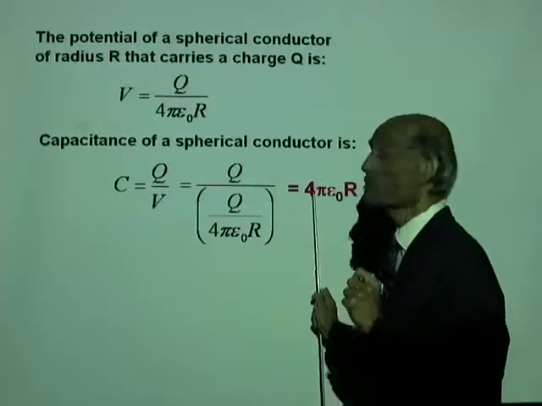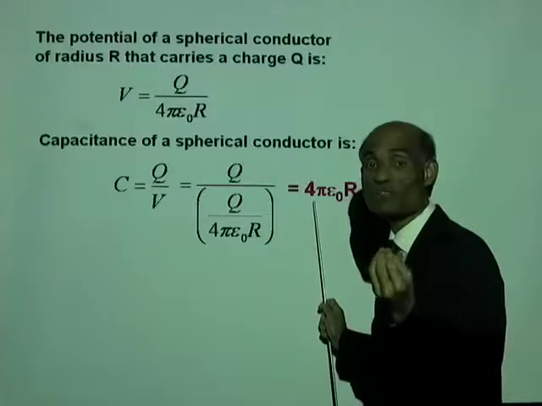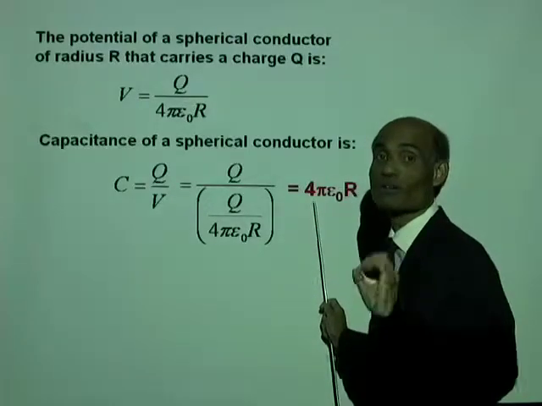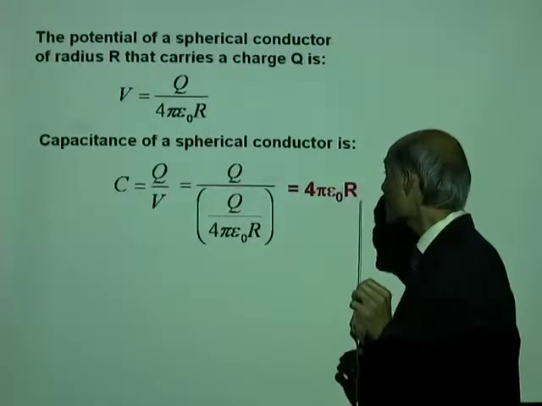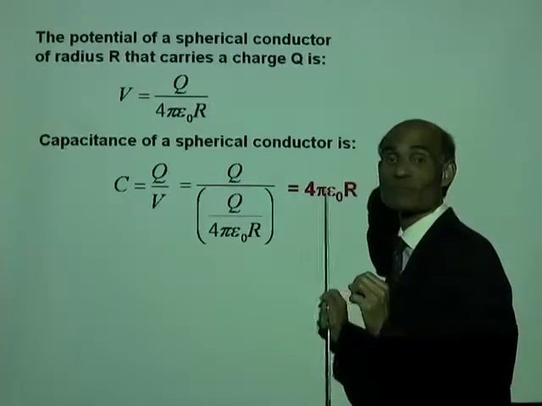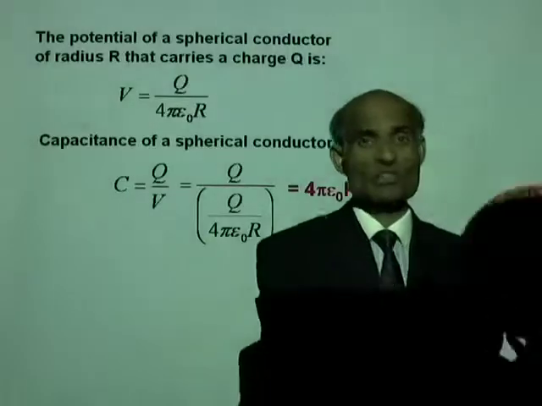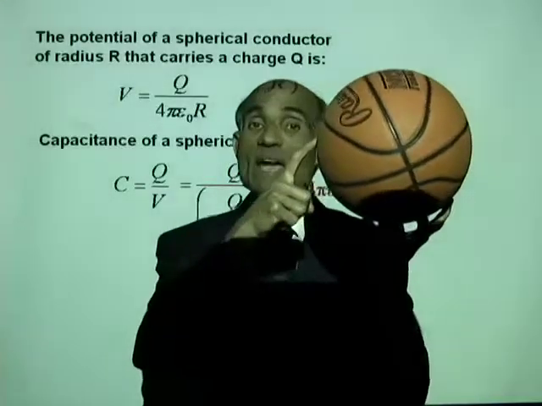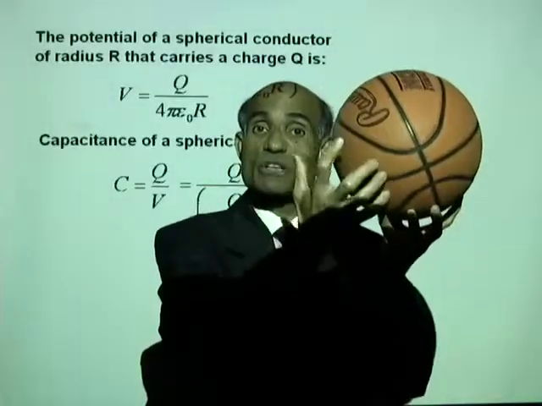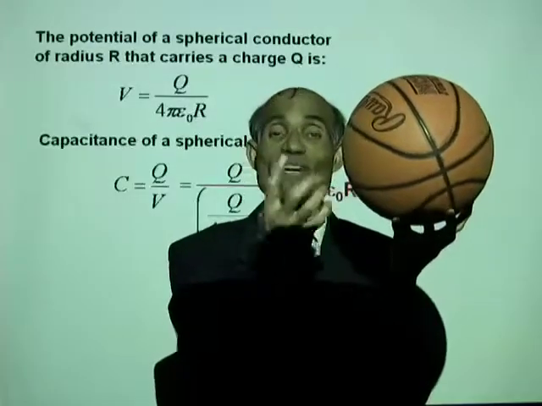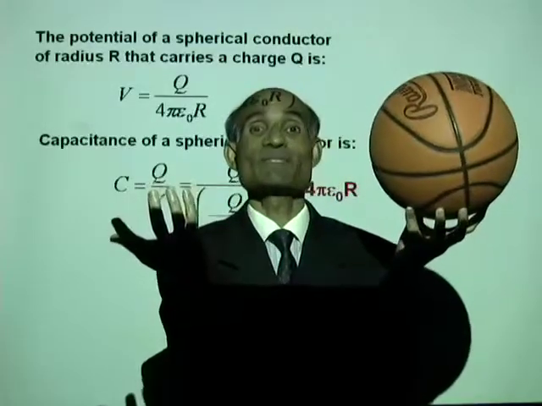What does the capacitance of a spherical conductor depend on? It depends on the radius of the conductor. Suppose you take a spherical conductor of given radius, its capacitance is a constant.